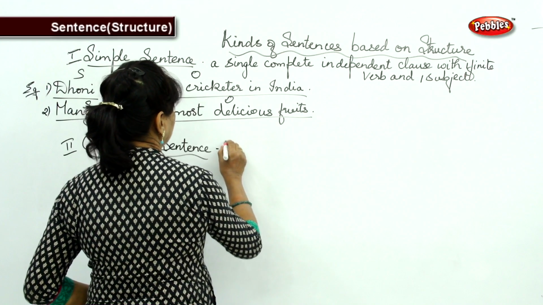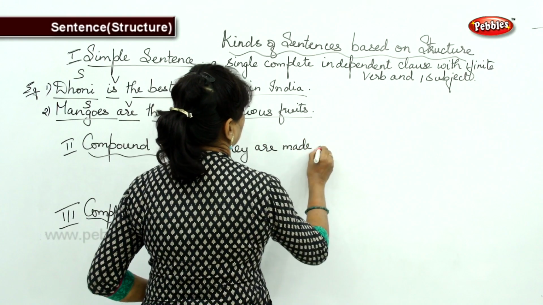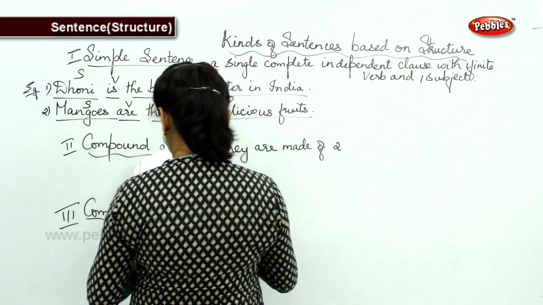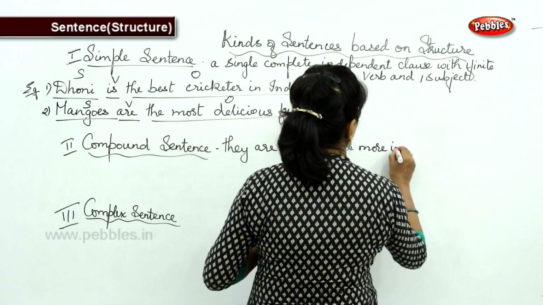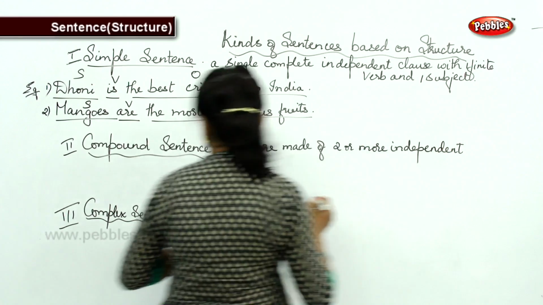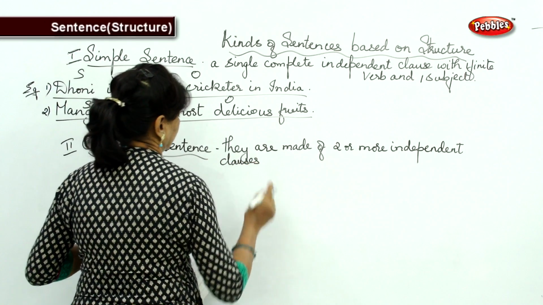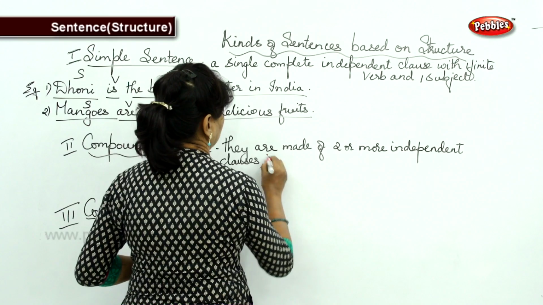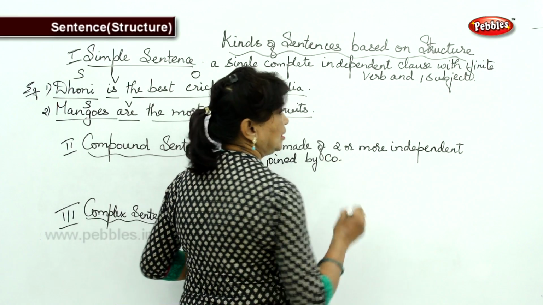Okay, now next we are moving on to compound sentences. They are made of two or more independent clauses, and they are joined by coordinating conjunctions.